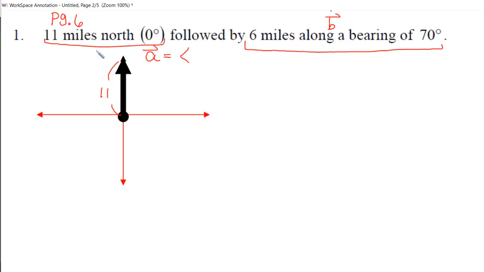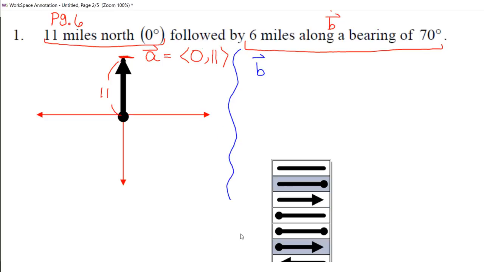Since it's going up north 11, that point right there would be (0, 11). Now we're going to go on to drawing the vector B. I'm going to do it in blue. So my vector B will be right here.